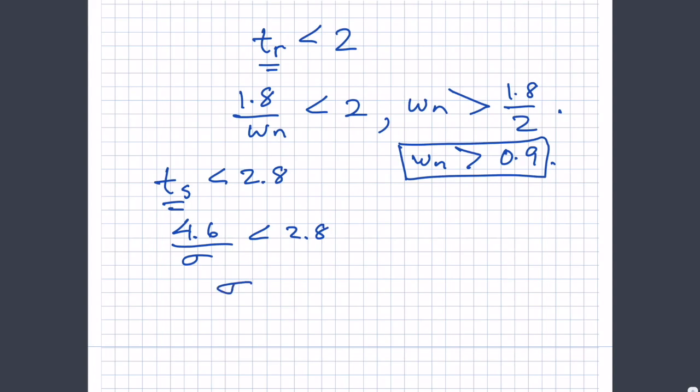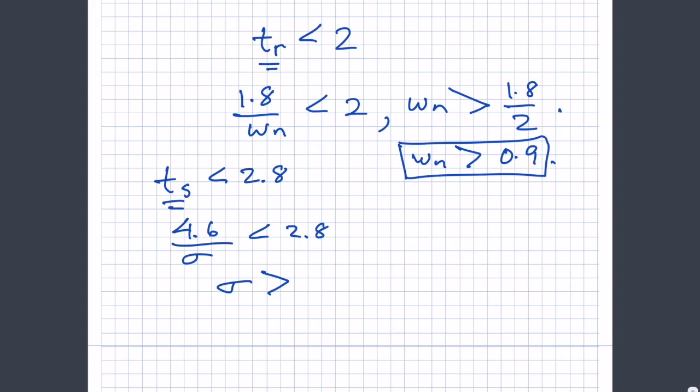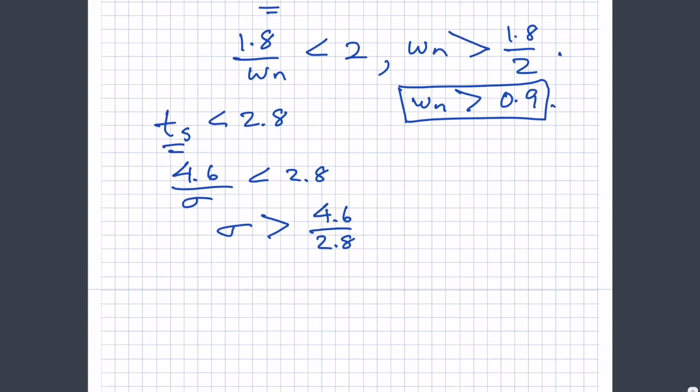So sigma has to be greater than 4.6 over 2.8, which is 1.6429. So let's call it 1.65.